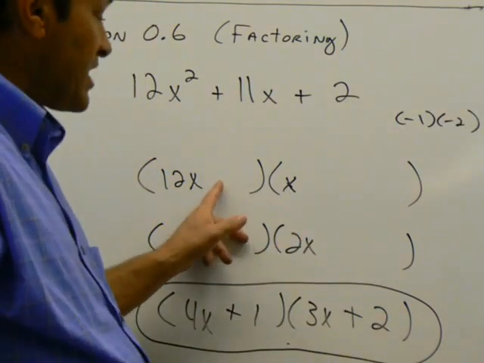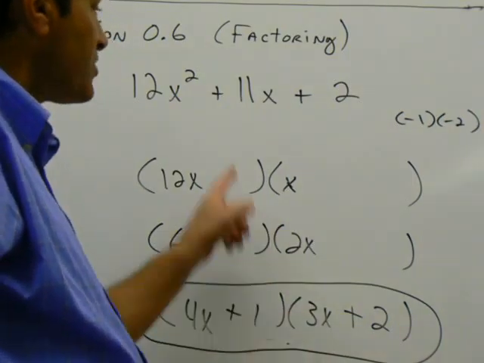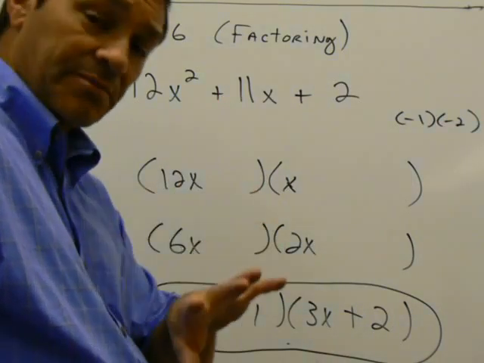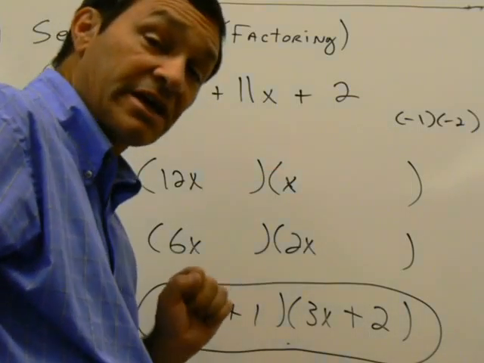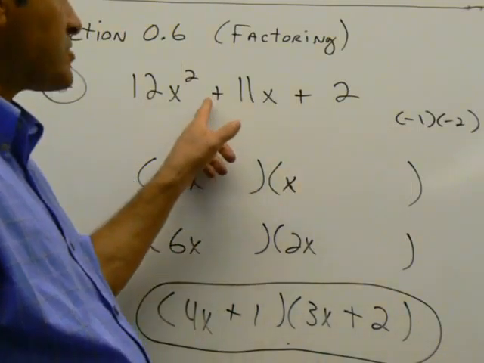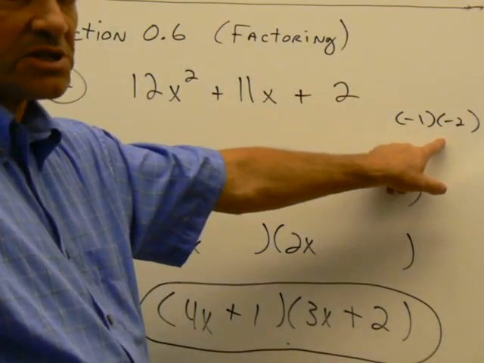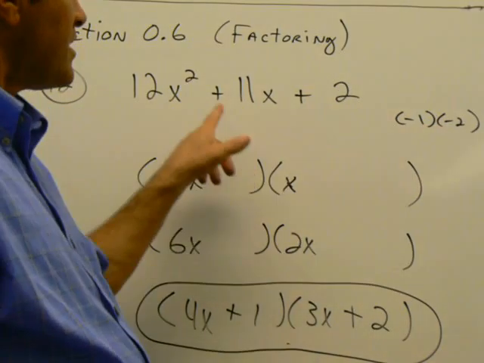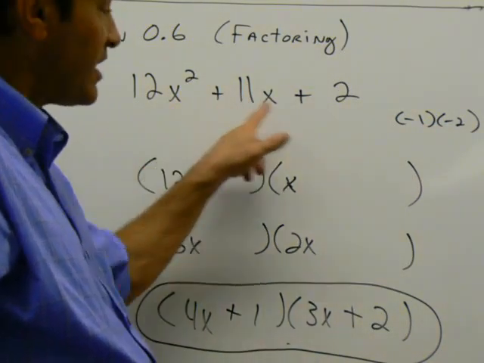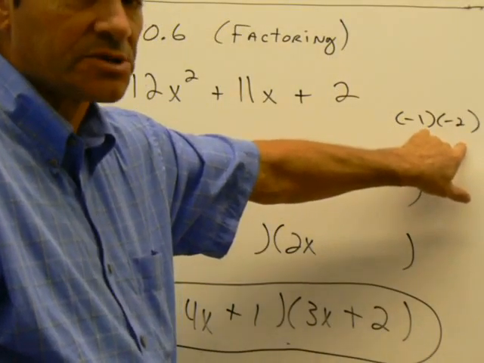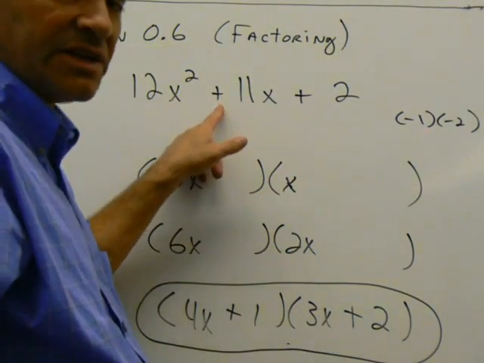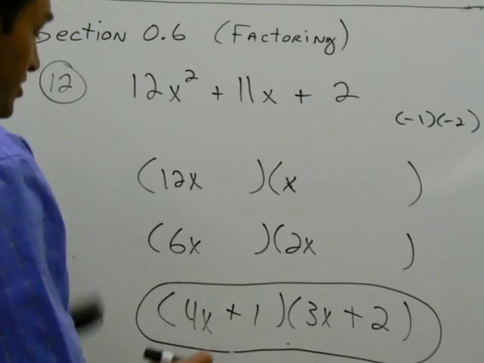If I put a negative sign here and here on each of these, wouldn't that give me a negative sign when I combine my outer and inner terms? I'd have like a negative 12x plus negative x be negative 13x. And so that was the reason I didn't even consider the possibilities. It may well be that if you had a negative sign here and you have a positive number here, you're going to have to go with the two negative numbers in order to get the negative sign in the middle. So there's your solution.